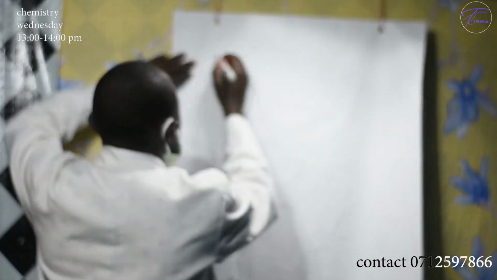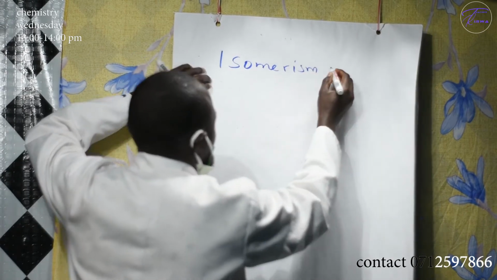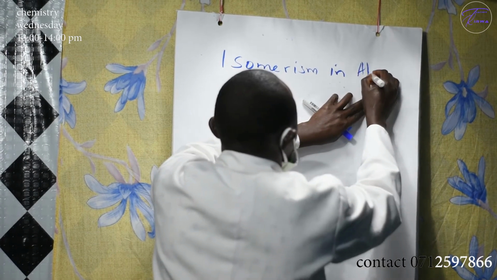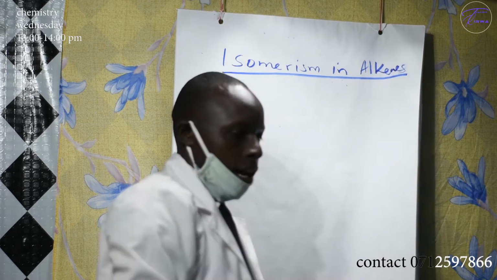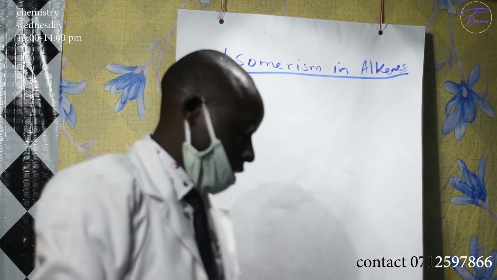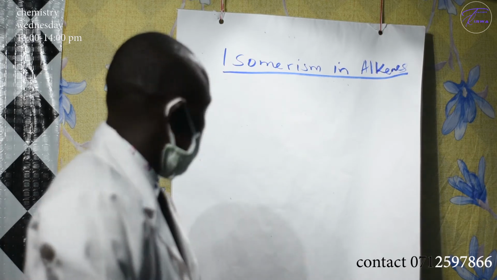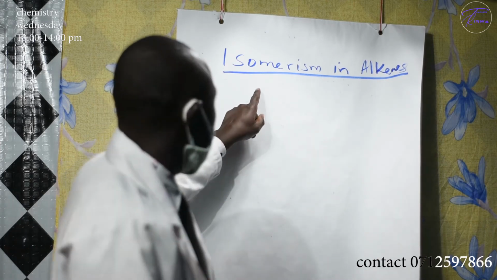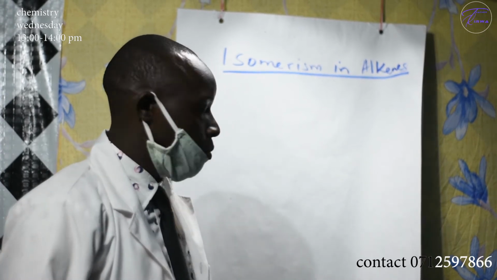So next is isomerism in alkenes. Now isomerism, as we said in our last lesson, we defined as the existence of compounds with the same molecular formula but different structural formulas.